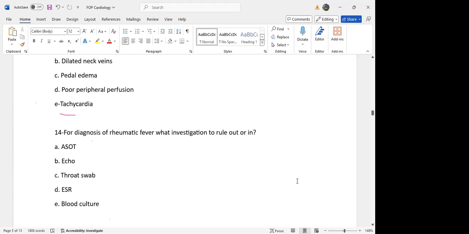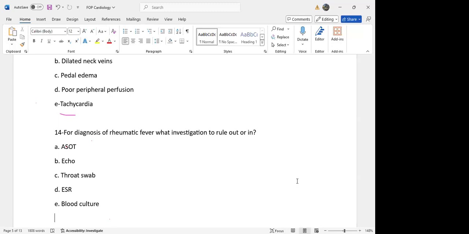For the diagnosis of rheumatic fever, what investigation rules in or rules out the disease? The specific investigation, if positive, will rule in the disease, and if negative, will rule out the disease. The most important here is the ASOT titer.